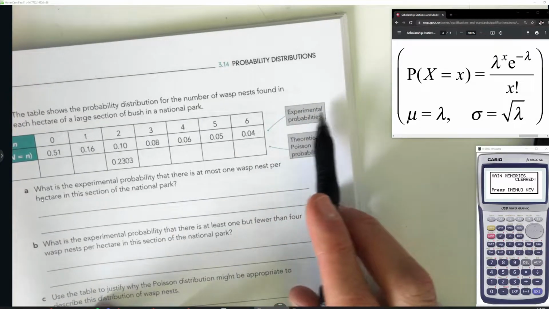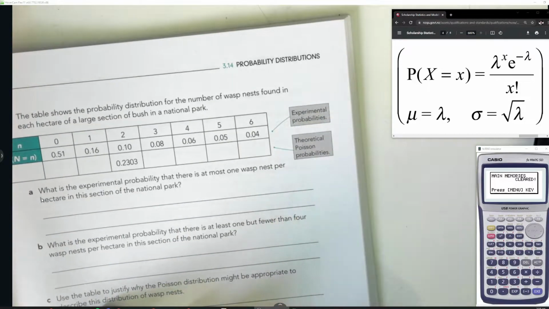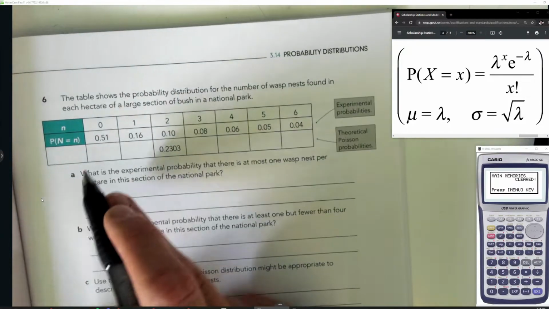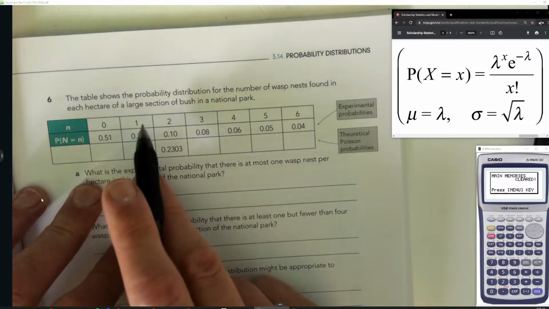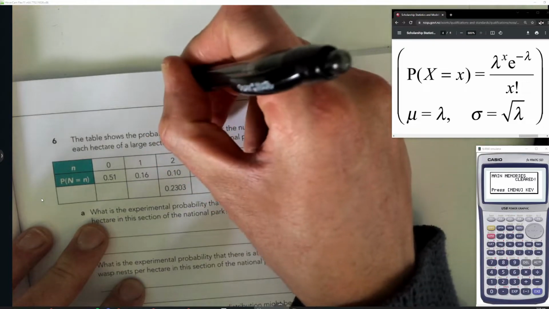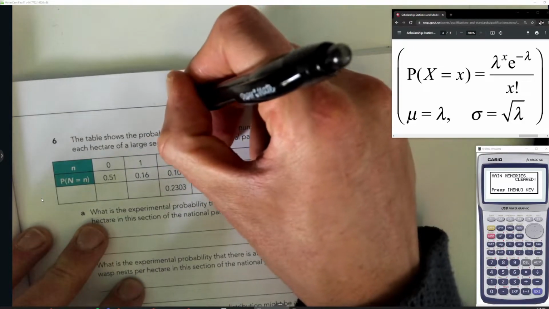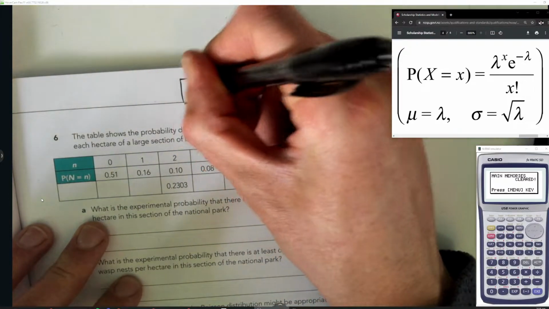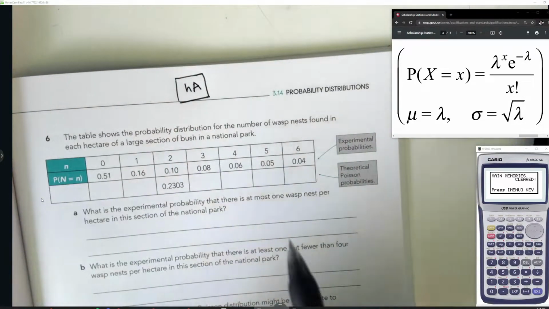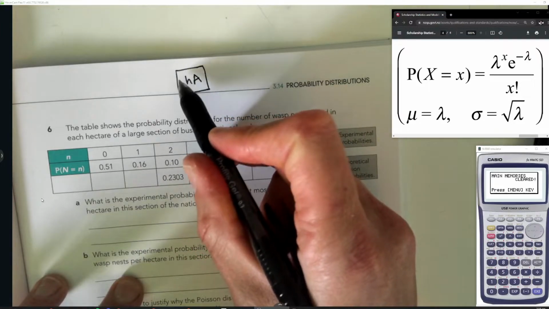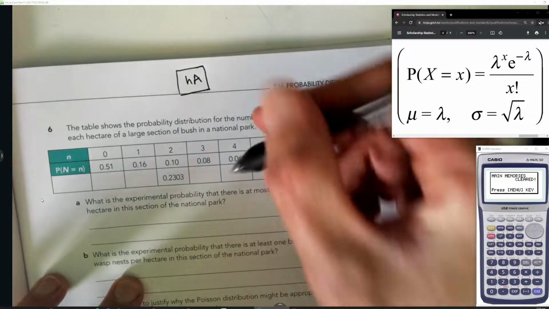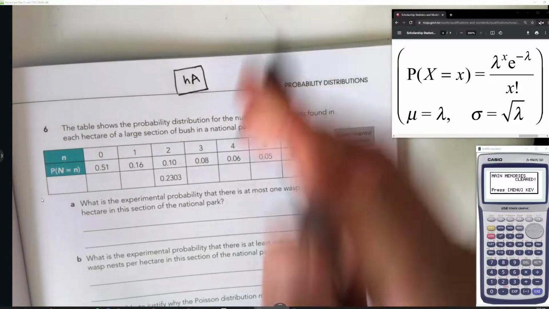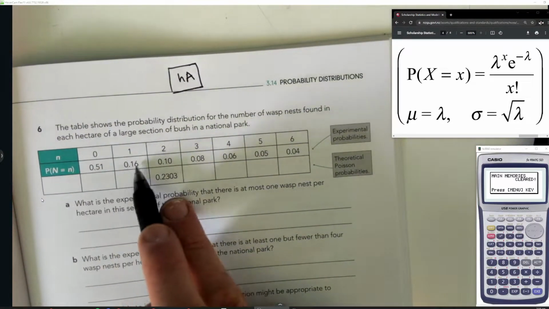So see how it says experimental probabilities here. Pretty much what it means is they must have gone out and taken data. They would have taken each hectare, and then counted the number of wasps inside that hectare, and they may have done this like 100 times and then given experimental probabilities.